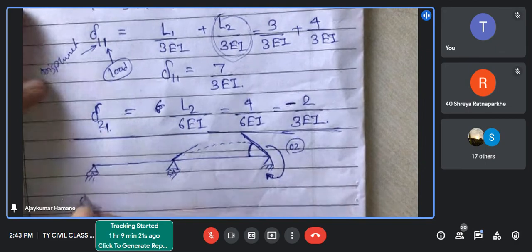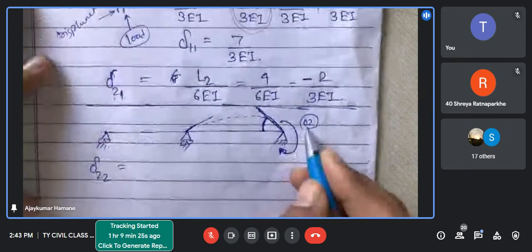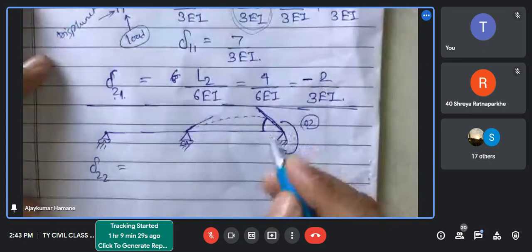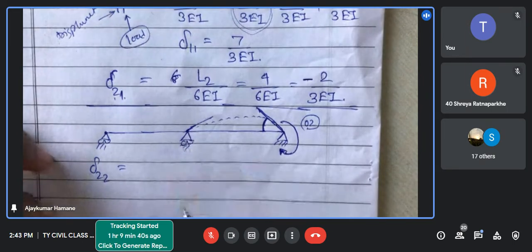That gives us delta 2 2, the displacement at coordinate 2 when the load is applied at 2. What is delta 2 2 if the other end is a pin support?